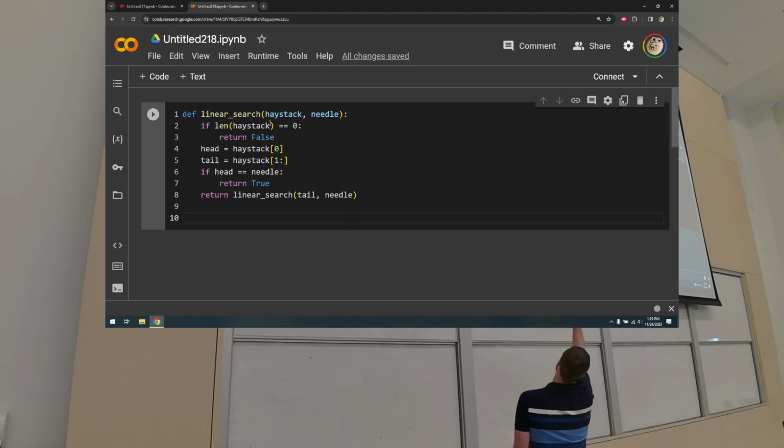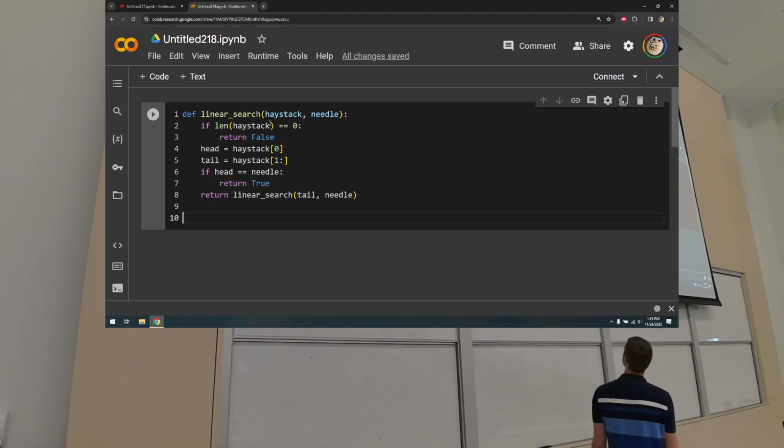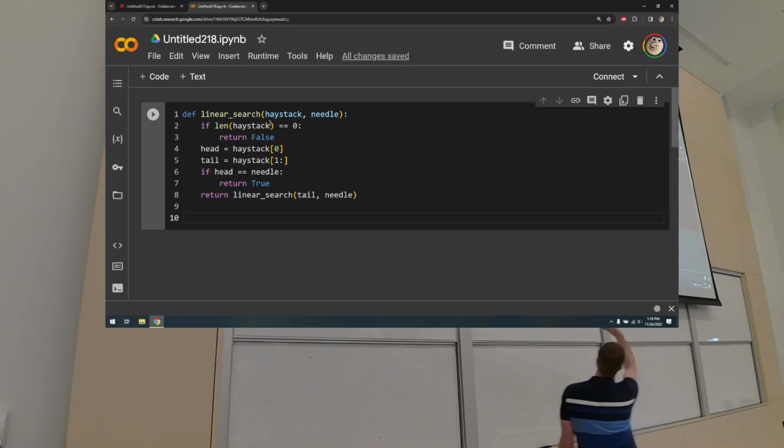I check, okay, is it an empty list? Is its length 0? If it is, it's not there. Get the head and the tail. If head is the needle, return true.